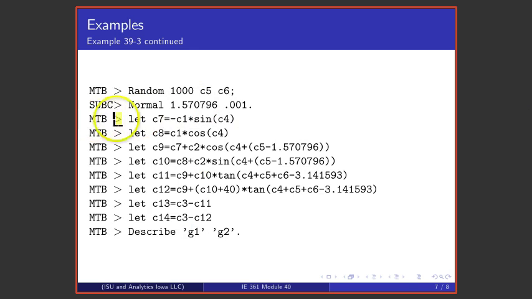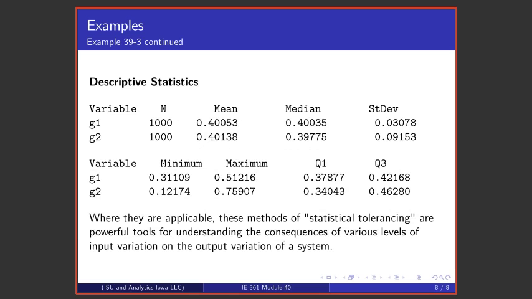If one then follows through that set of equations in the previous module that relate the gaps to the inputs, one can do descriptive statistics and get summaries of the simulated values.